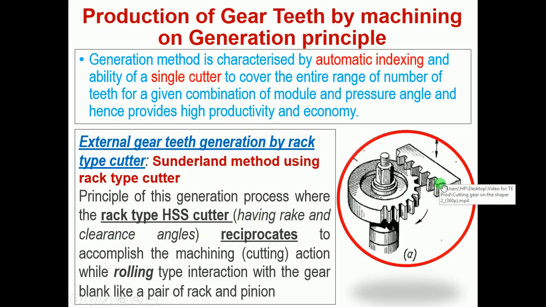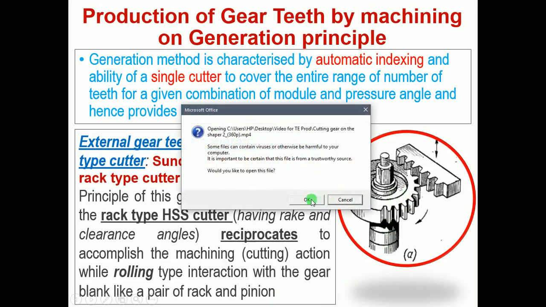The rack reciprocates against the gear blank, and the gear blank is continuously rotating with the rack. The reciprocation accomplishes the machining action, while the rolling interaction with the gear blank is like a pair of rack and pinion.